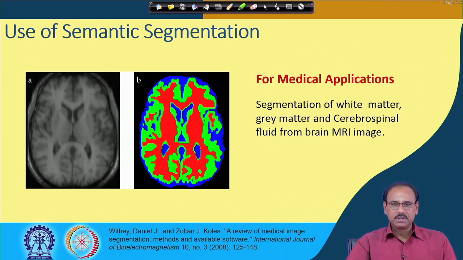For this purpose, semantic segmentation identifies the regions which belong to white matter, the regions which belong to gray matter, and similarly the pixels which belong to cerebrospinal fluid. This information is very important for diagnosis. So, semantic segmentation plays a very important role in such medical applications as well.